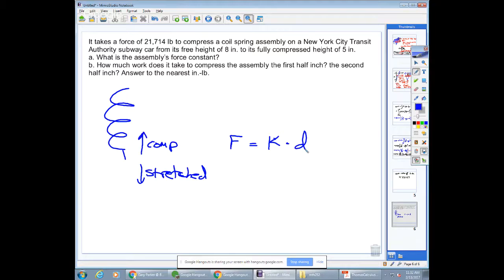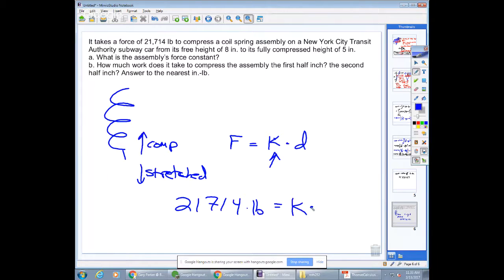And here they're telling us that the force needed to compress the spring a certain distance is 21,714 pounds. Every particular spring has a natural constant, kind of like a friction coefficient, and you can discover it by just measuring the spring a few times.